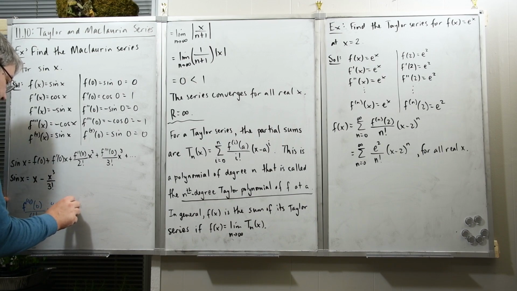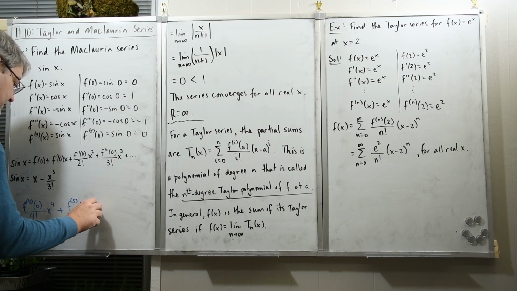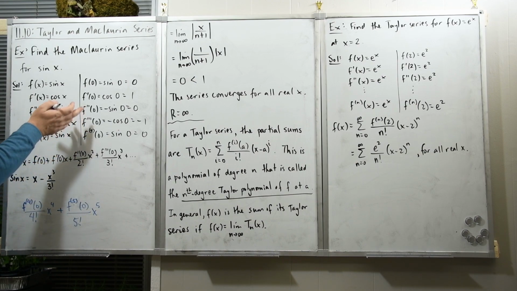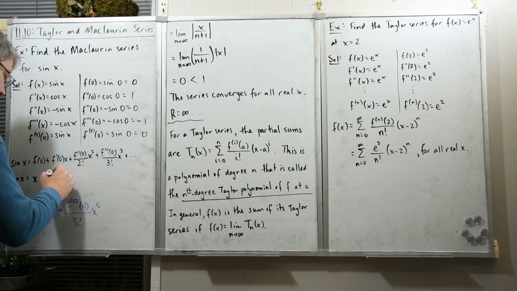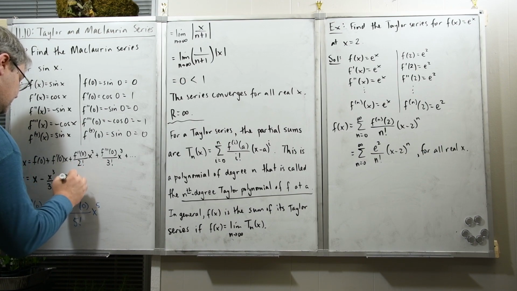And then we would have plus fifth derivative of f at 0 over 5 factorial times x to the fifth. But if you think about the fifth derivative at 0, that would be the same as the first derivative at 0, and that's 1. So you're going to have a plus 1 over 5 factorial times x to the fifth. And that will give you x to the fifth over 5 factorial.